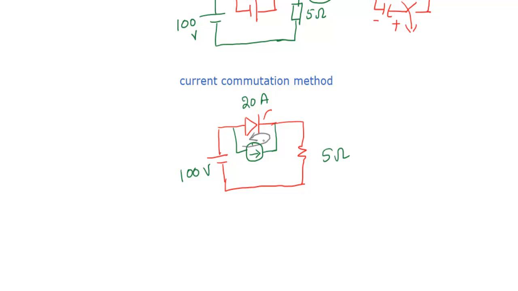Otherwise it won't be turned off. That means we will apply the reverse current to the conducting thyristor. Say, for example, 21 ampere. What will happen? The resultant will be 1 ampere in the reverse direction.